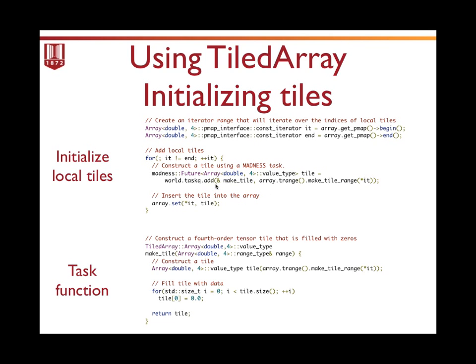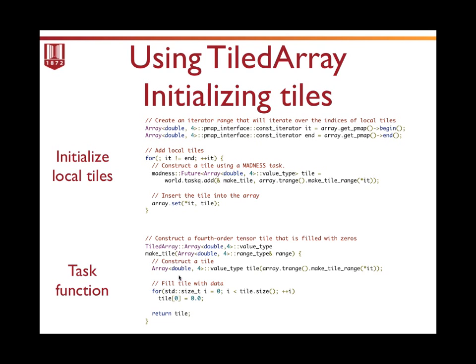Now, when you construct a task, it returns immediately without doing any work, and just returns a location of where the result of this task will go once the task has been run. We use this future tile to fill our array. So we tell it which index the tile has and where the data will be once the computation is complete.